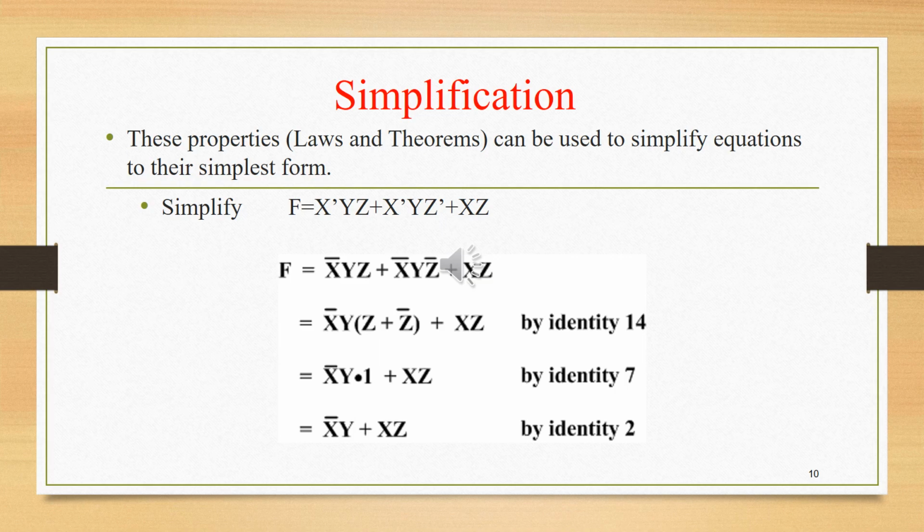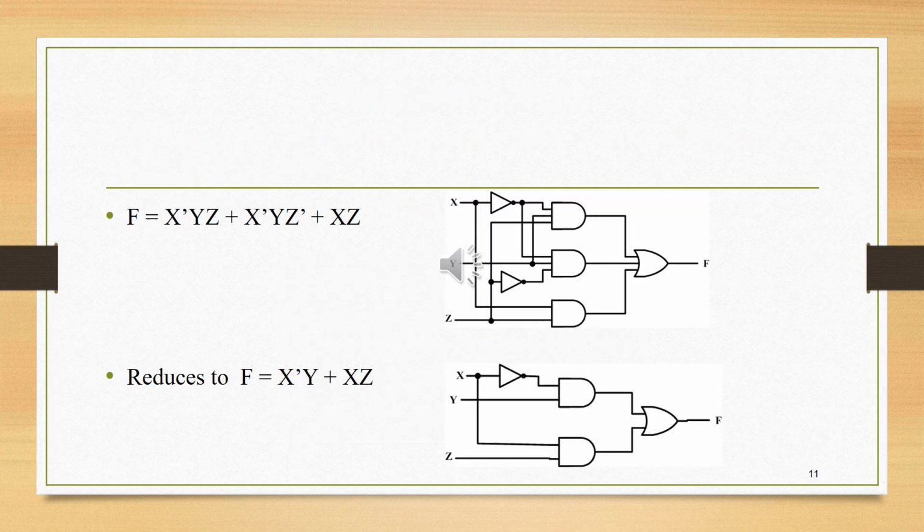So using that identity, this becomes x bar y plus xz. For the direct implementation of this f, we need 1, 2, 3, 4, 5, 6 logic gates, and this simplification reduces the logic gates from 6 to 4. So this is the advantage of this simplification.